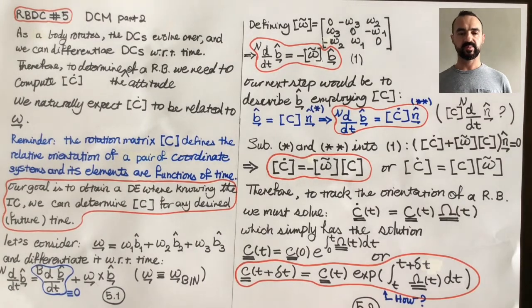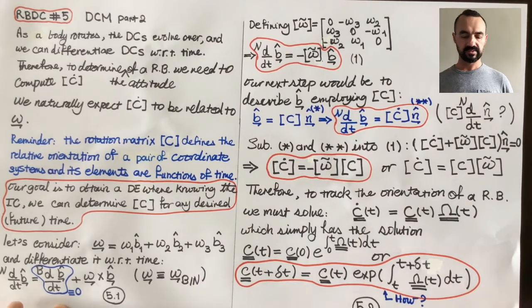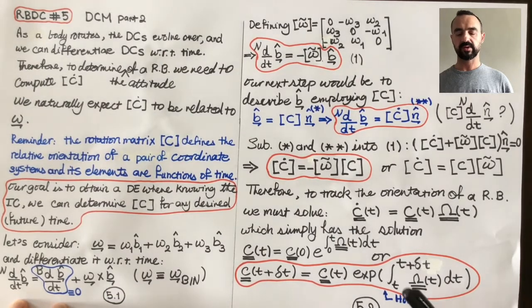And in this case, because B is the unit vectors in body frame, it's fixed in both magnitude and direction, therefore the first term goes to 0. Therefore, we only have dB/dt in the N inertial frame being equal to omega cross B.